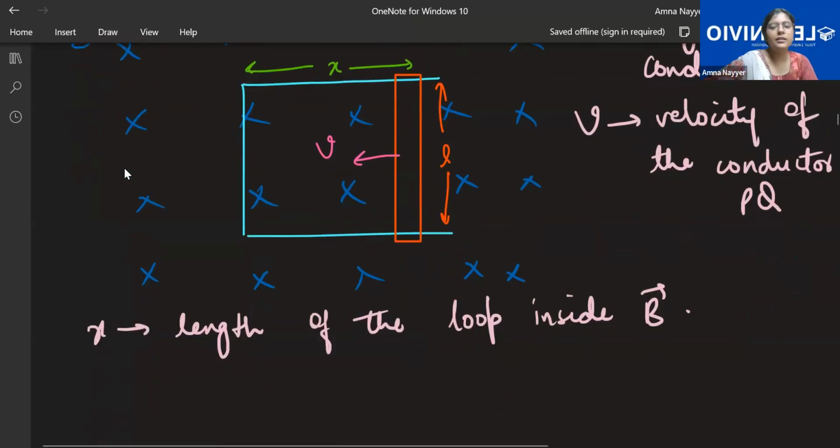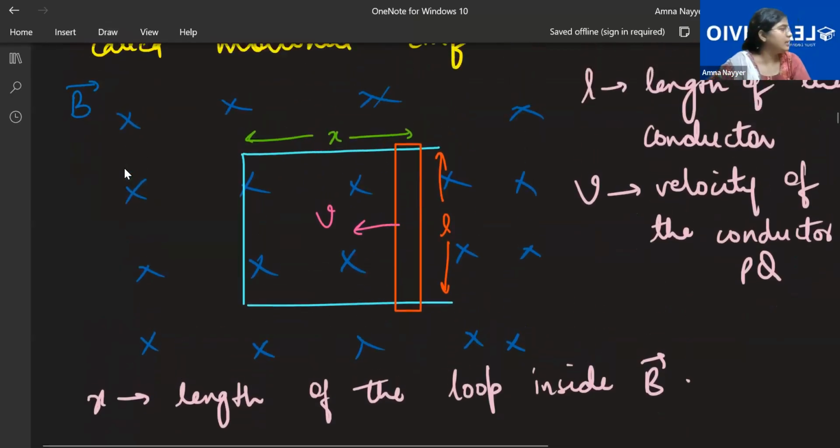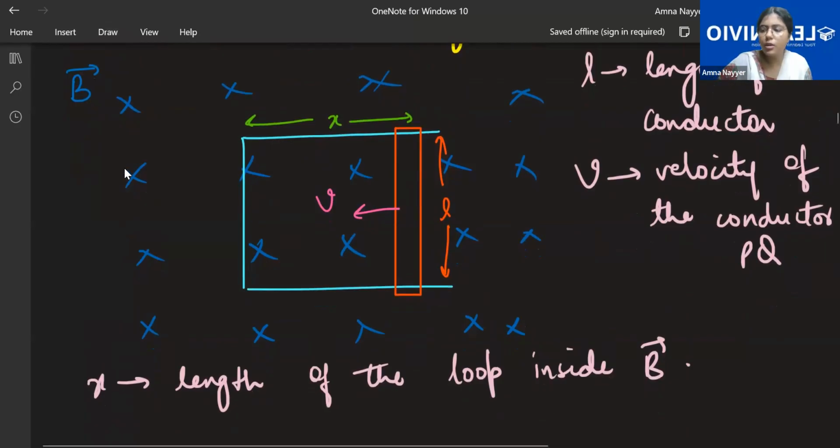See, if I want to write about the magnetic flux, what is the formula of the flux? Flux is B dot A, B A cos theta.